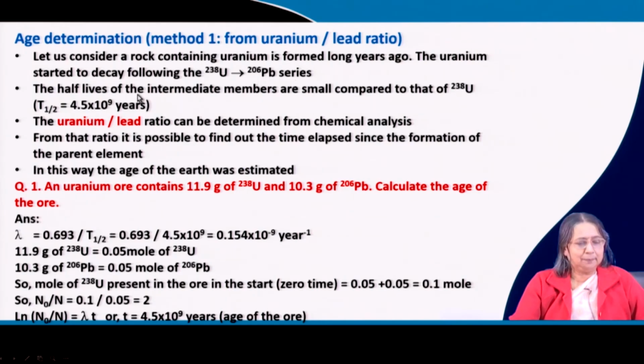Now, the half-lives of the intermediate members are very small compared to uranium 238, because we know that the T half of uranium is 4.5 × 10^9 years. If we determine the uranium-lead ratio by chemical analysis, which is very easy, we know how much uranium and how much lead is present in the ore at present.